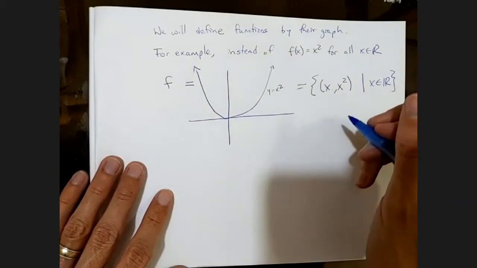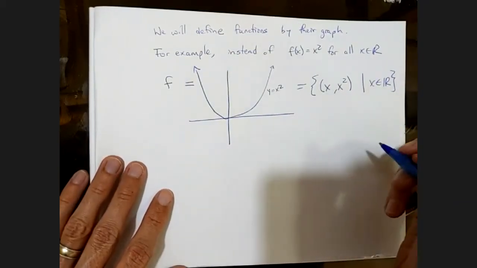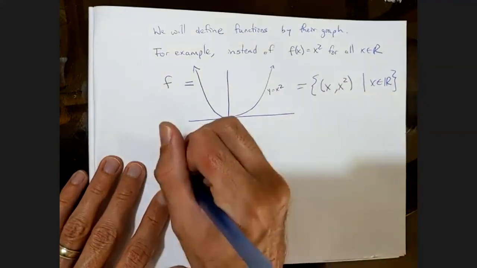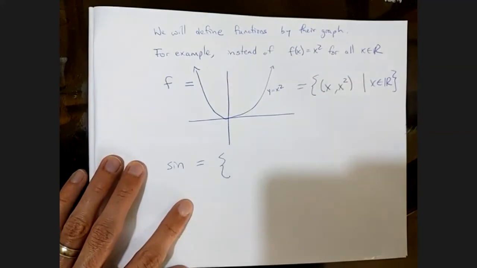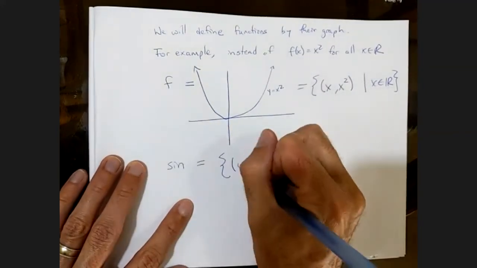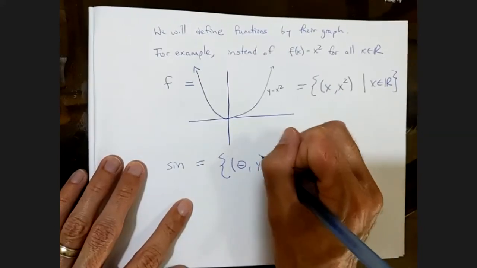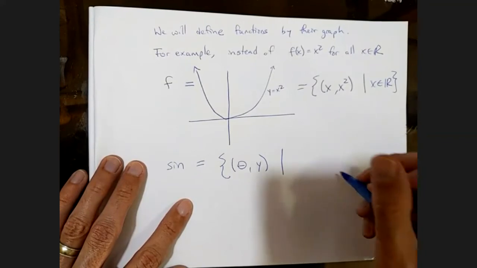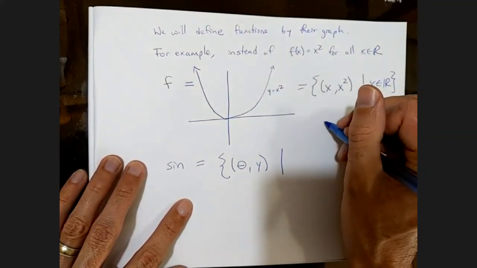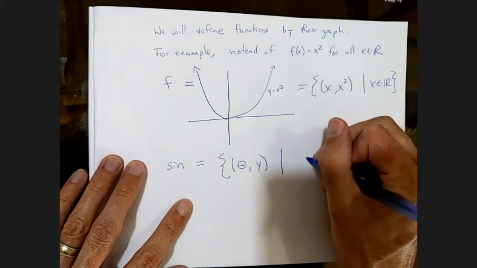So this is the function f of x equals x squared. Instead of, like, sine theta, the sine will be the ordered pairs, like theta and y, such that, I mean, here I can't avoid drawing a picture.